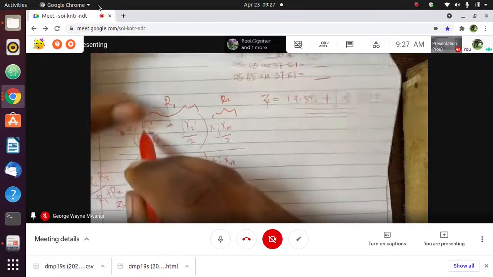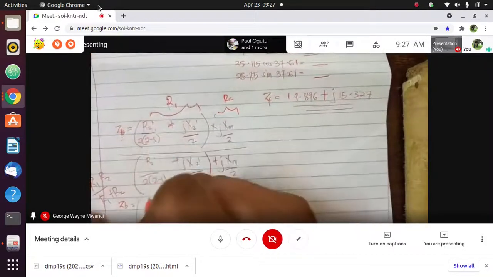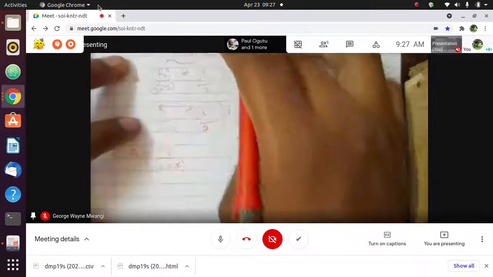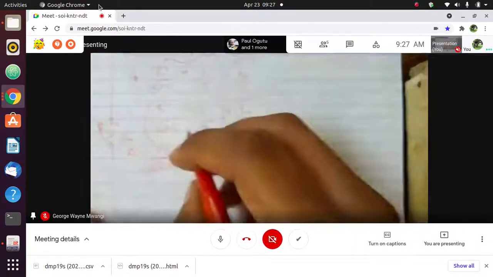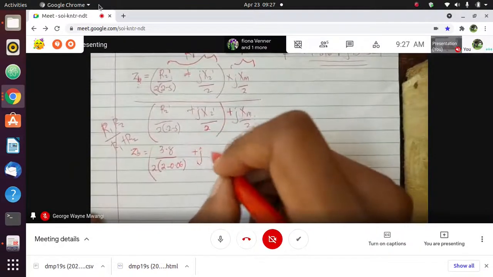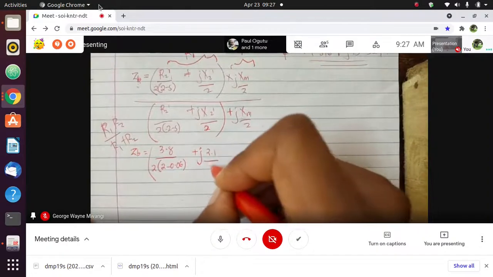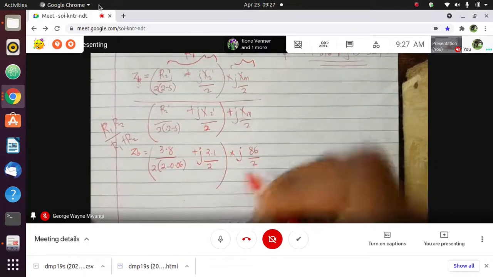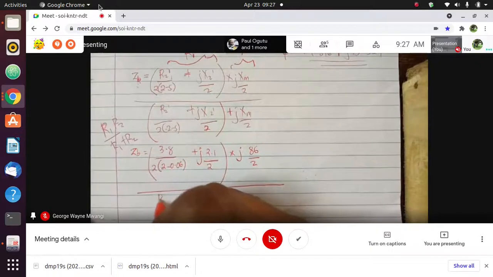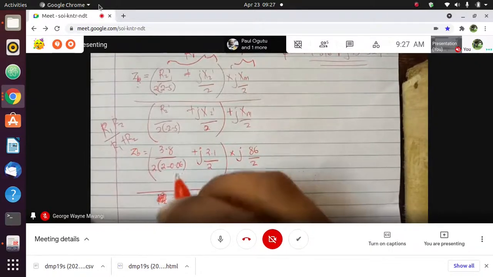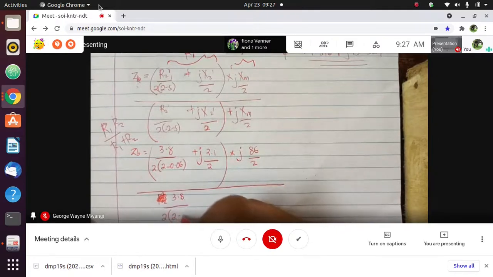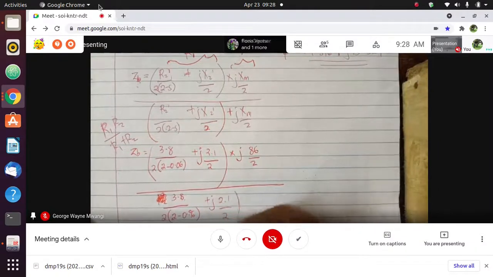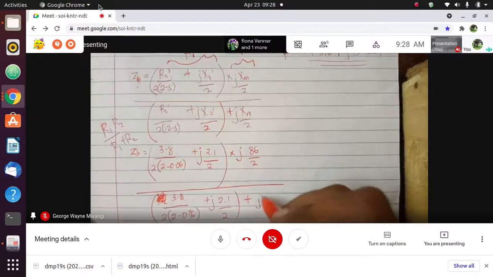The rotor resistance is 3.8 over 2 minus 0.06, that is the value of our slip, plus J, the rotor reactance X2, 2.1 over 2, times J, the magnetizing reactance, 86 over 2, divided by the same R2, which is 3.8 over 2 minus 0.06, plus J 2.1 divided by 2, plus the magnetizing reactance, which is 86 over 2.